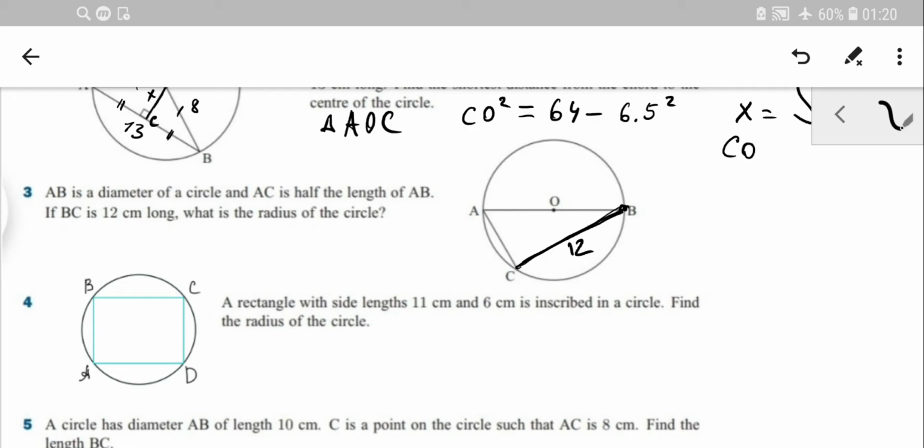Radius is half of the diameter, so our task basically is to find the diameter length. We know also that AC is half of AB, so we can mark X as AC, so double X is AB. So once we find X, it becomes the radius, because it's half of the diameter, which is the radius by definition.